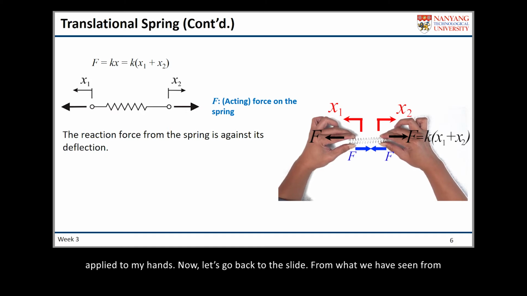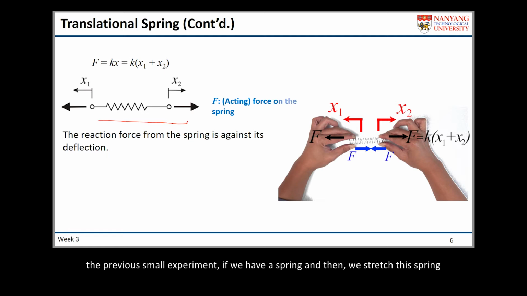Now let's go back to the slide. From what you have seen in the previous small experiment, if we stretch a spring by pulling it in the outward direction, technically we apply forces in the outward direction to the spring, where the force is proportional to the relative deformation of the spring.